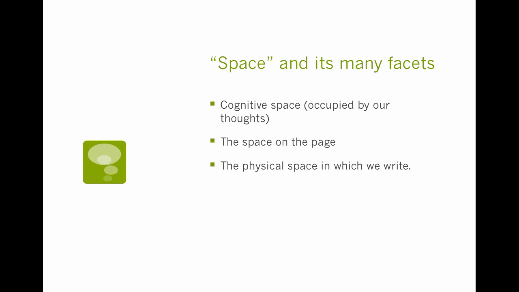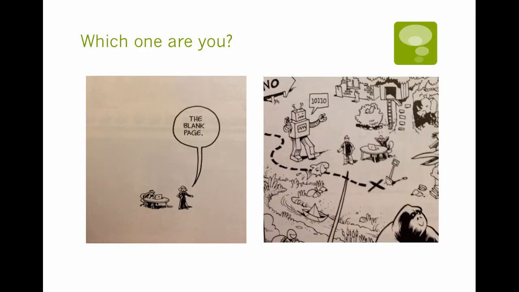So really, this concept has many sides to it, in that there is a cognitive space occupied by our thoughts, the space on the page, and the physical space in which we write. Looking at these images, you may identify with one or the other, but even as an English teacher, I can definitely say that I feel like I'm both and in between.